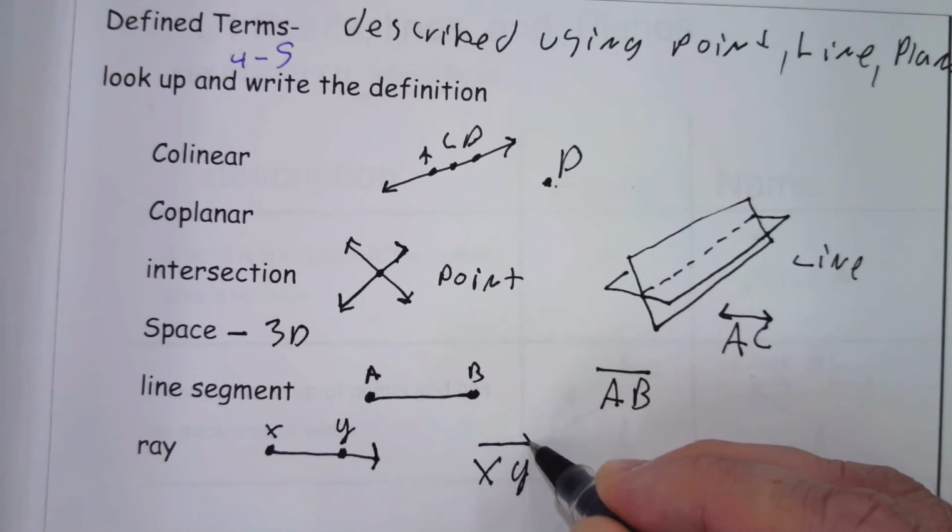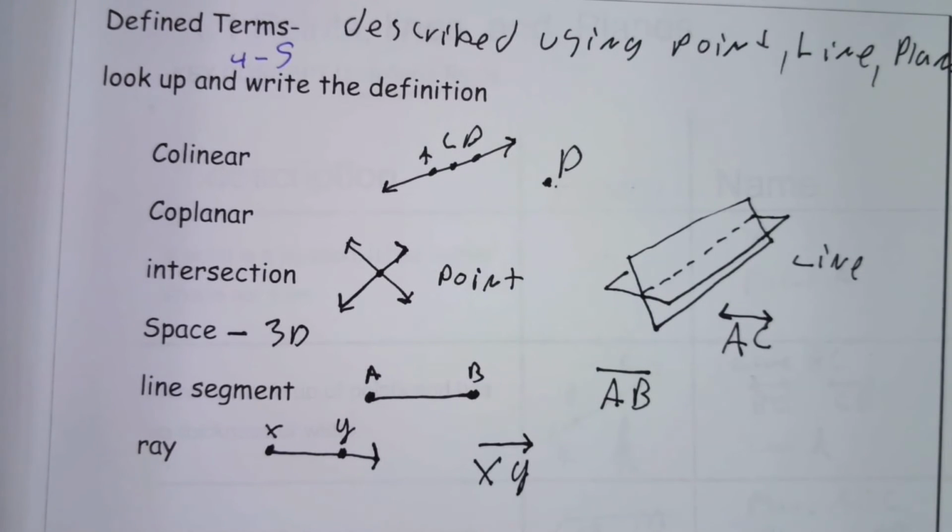This is the symbol for a ray. Why does order matter? Because one end stops and one end goes on forever. So if I did this, that's not this ray. This would be wrong because you want the endpoint with the endpoint.